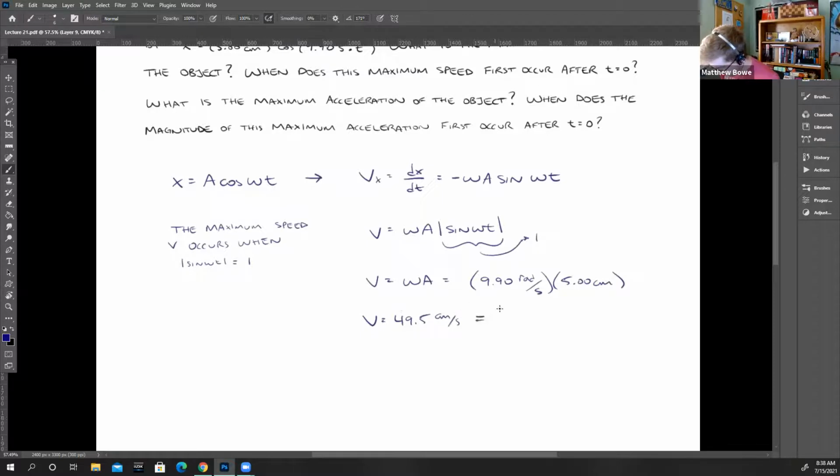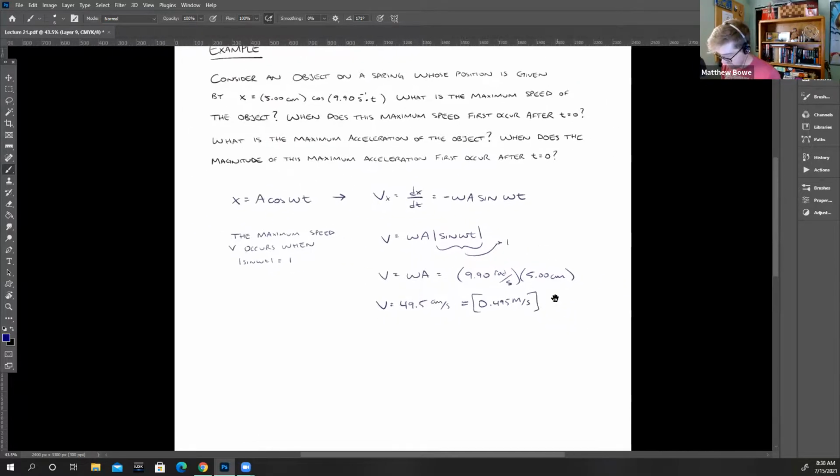Since I don't like that, I'm going to convert to meters: 0.495 meters per second. So that is the first part.